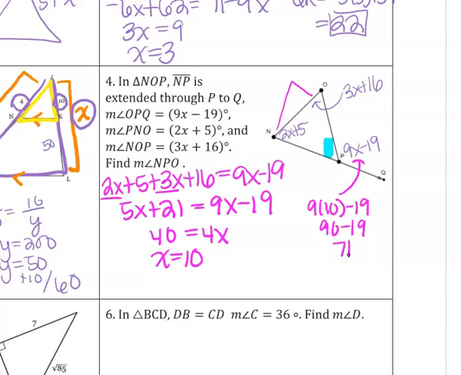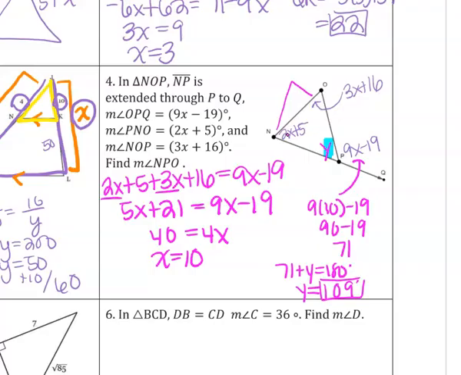So then from there, if I want to get to this angle right here, maybe I'll call him Y. I know 71 plus Y equals 180. So therefore, my missing angle must be 109. Now, you could have also substituted in for angles O and N and then done the sum of the interior angles of a triangle as 180, but I think that the linear pair is probably your faster route.